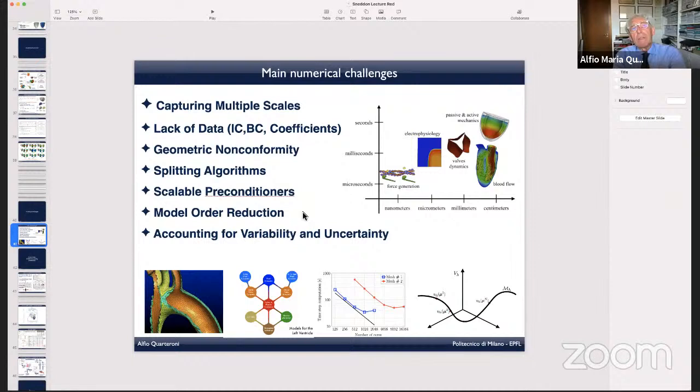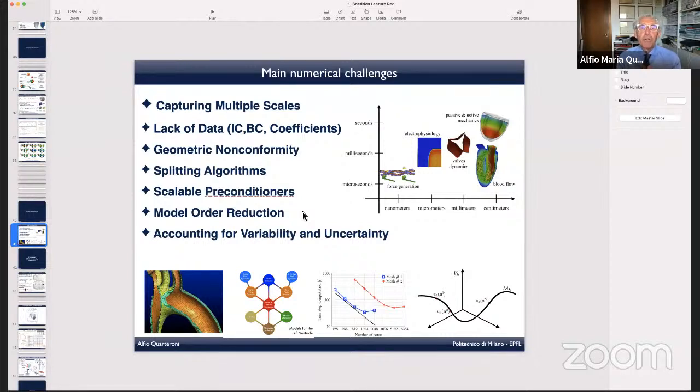Well, first of all, I would say that 0D models are somehow essential if you really want to catch the dynamics of the broad scale, or the whole circulation scale. You cannot avoid them. Of course, it depends on what you want to observe.